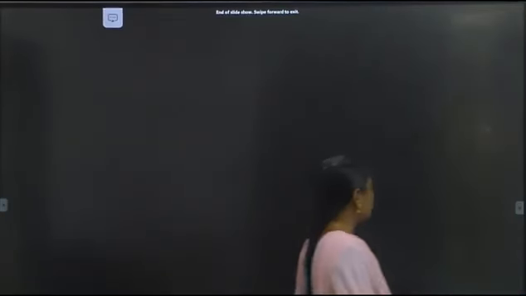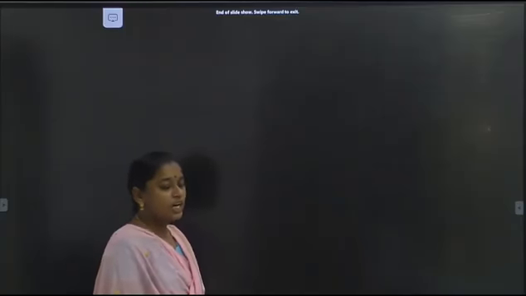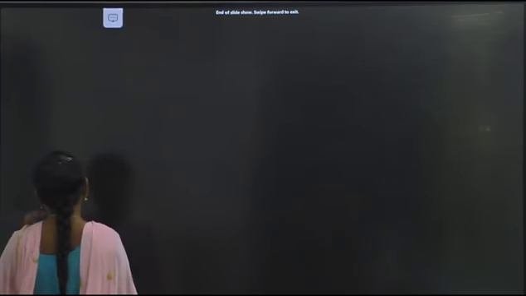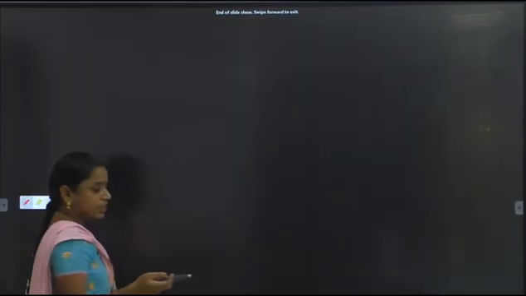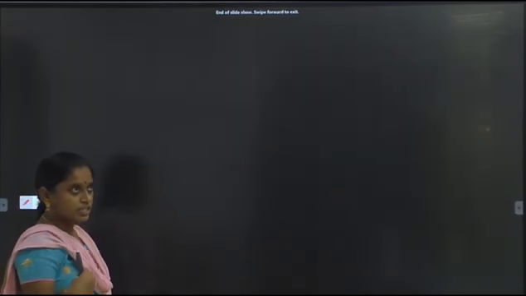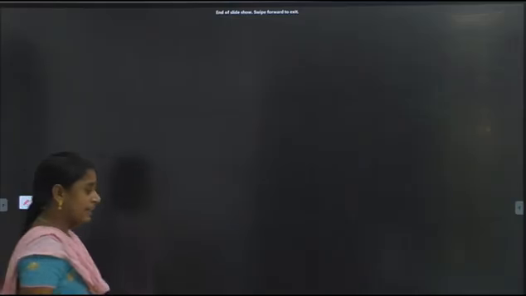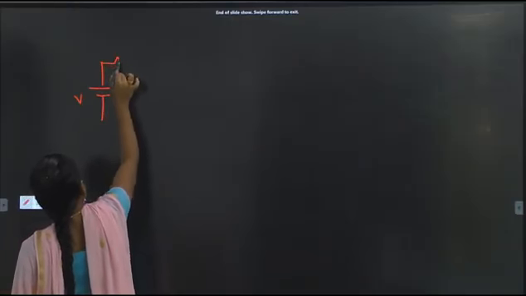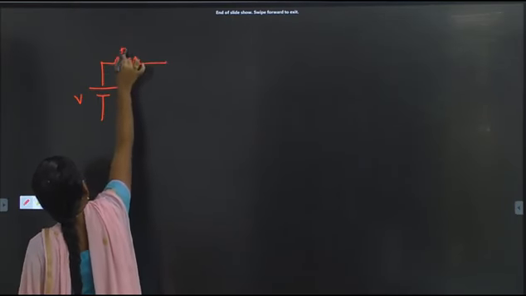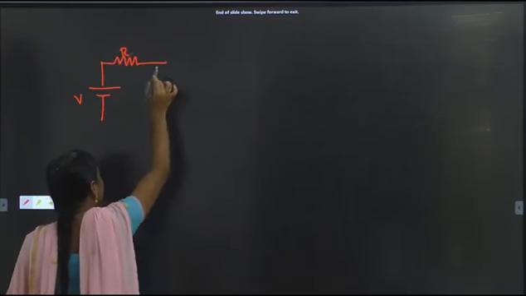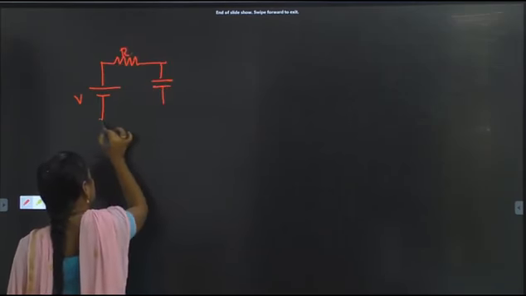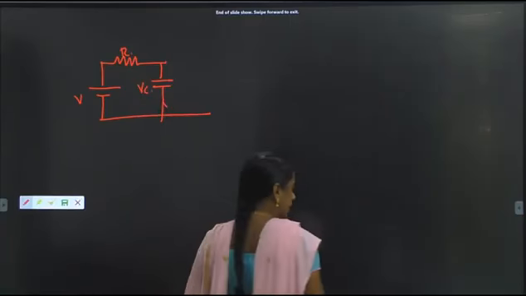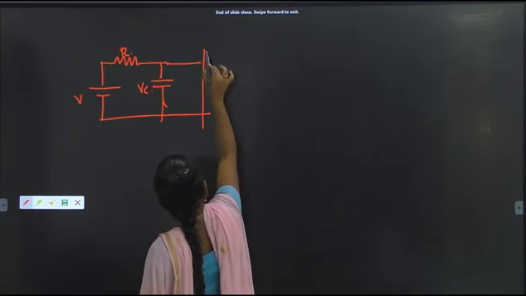Again, we have to find the expression for the sweep speed error in the bootstrap circuit. So let us take the circuit diagram of the bootstrap circuit. The input is V, with resistor R, then capacitor C with voltage Vc, connected to the amplifier.